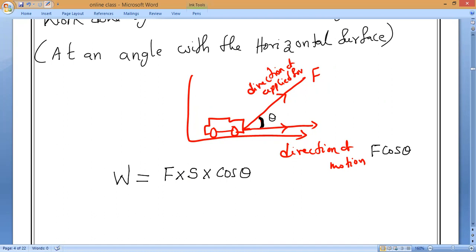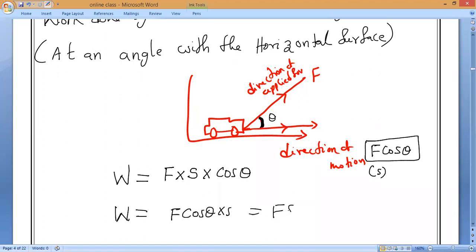When we are applying the force obliquely, the effective force is F cos theta, because the applied force is at angle theta, and the direction of motion, that is the displacement, is S. So work done is equal to F cos theta S or Fs cos theta, your choice. That is what you have to remember.